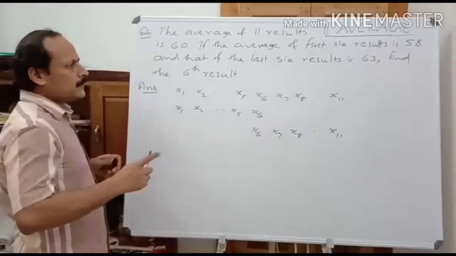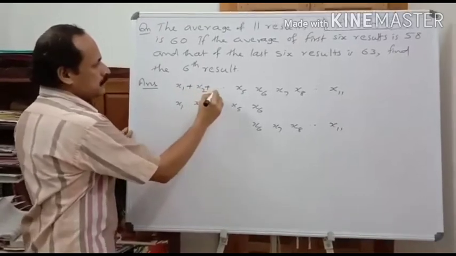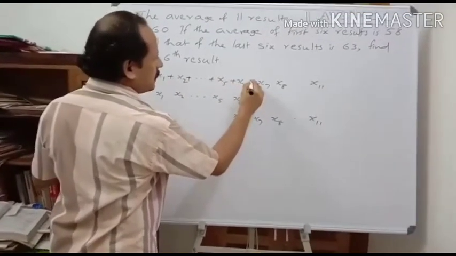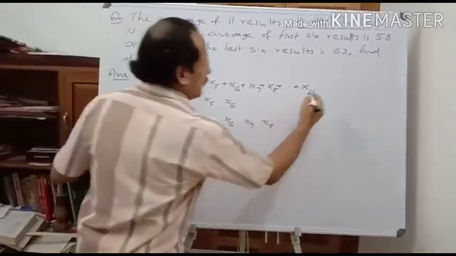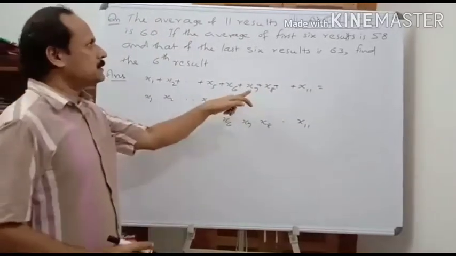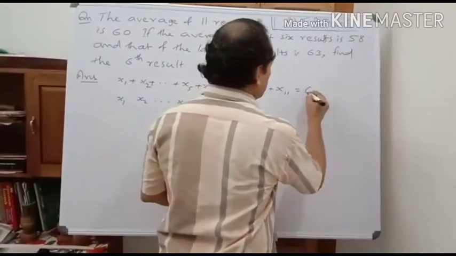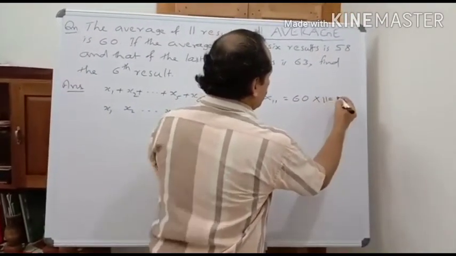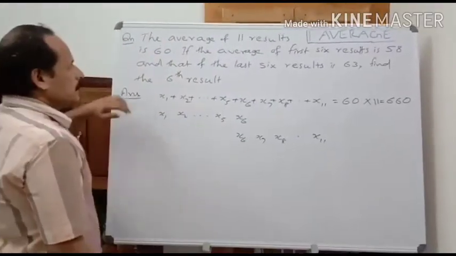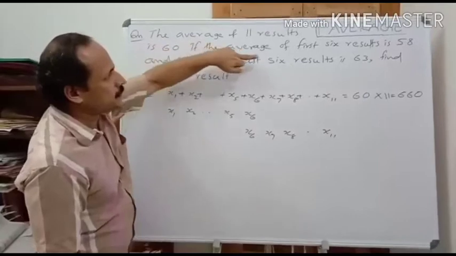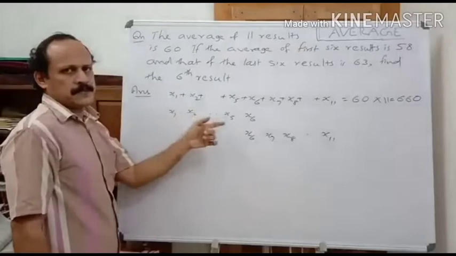Therefore, we can find out their sum, that is x1 plus x2 plus etc. plus x5 plus x6 plus x7 plus x8 plus etc. plus x11 equal to sum of results, equal to average into number. Therefore 60 into 11, that is 660. The average of the first 6 results is 58.